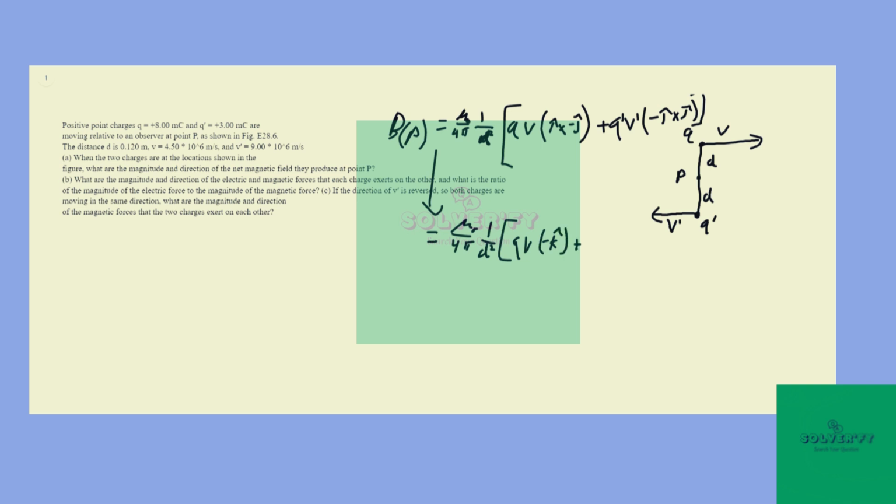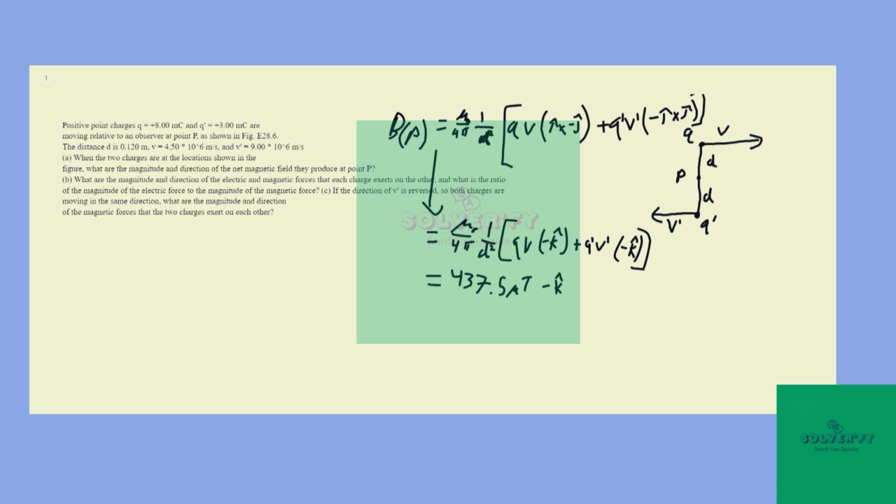And then plus q prime v prime, and we have negative i hat cross j hat. That's again going to be negative k hat. So then all this is numbers, and we have the negative k hat for each of them. If you solve that, we get 437.5 micro Tesla in the negative k hat direction.